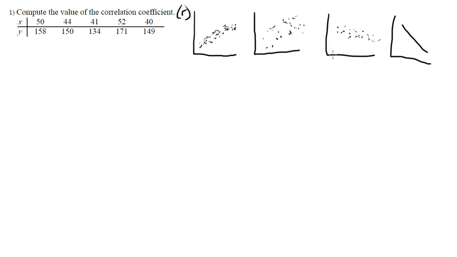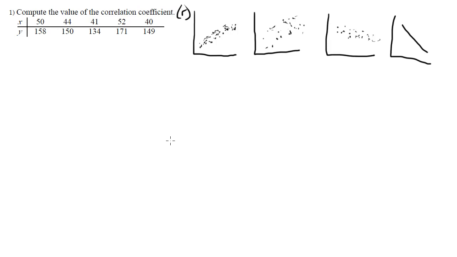R goes from -1 all the way up to +1. +1 is a perfectly positively correlated relationship. So that's the span of R. 0 means there's no correlation at all between the two variables.